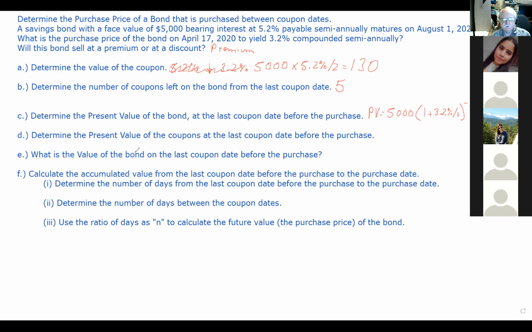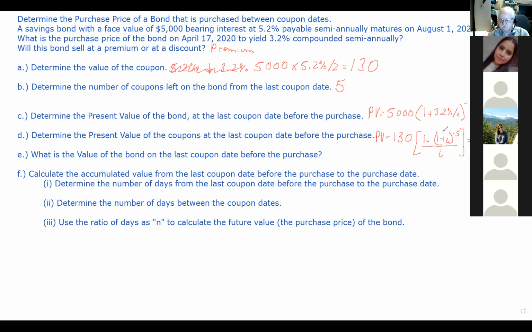So then they want us to determine the present value of the coupons. So we're going to be solving present value equals the coupon, which was 130, times (1 minus (1 + i)^-5) over i. And we know the value of i, it's 3.2% divided by 2.